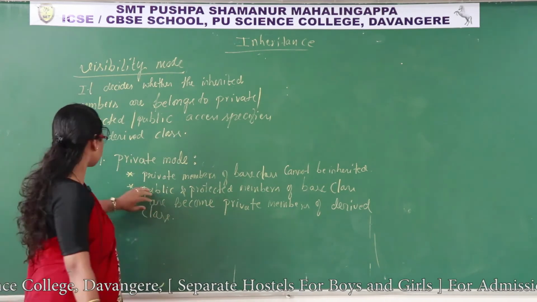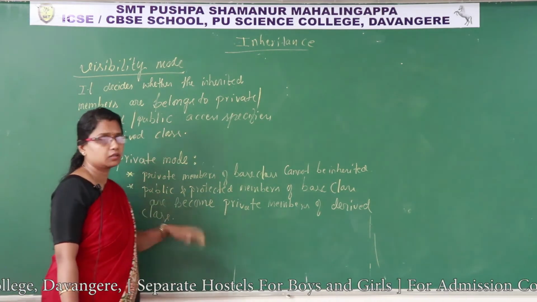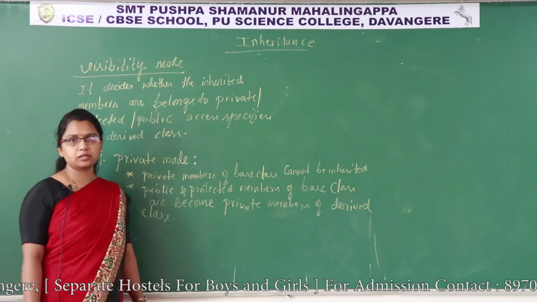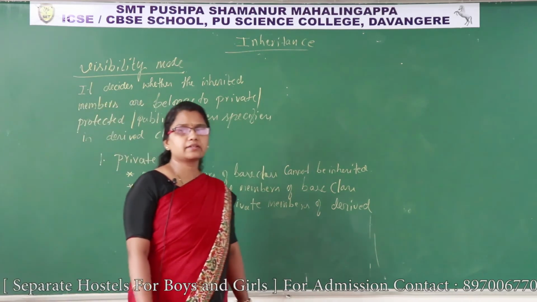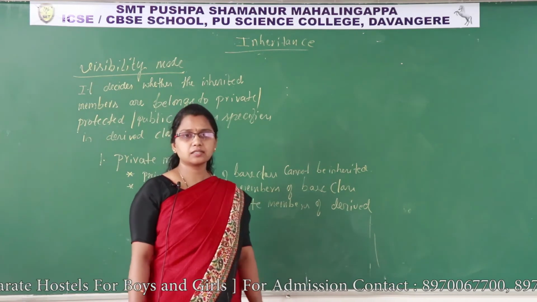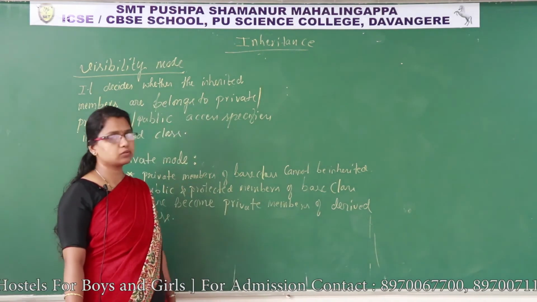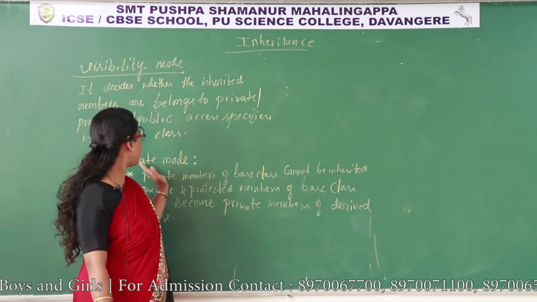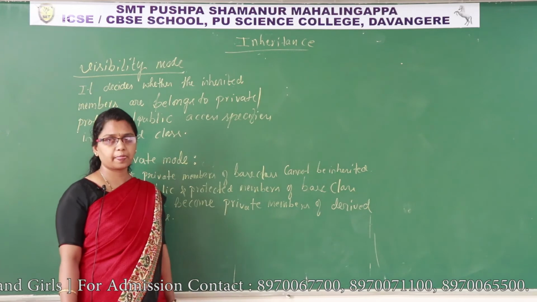Okay. Now, to understand this concept, let us consider an example. I'll take 3 access specifiers in the base class. Let us try to inherit those data members to the derived class in private visibility mode. Understood?